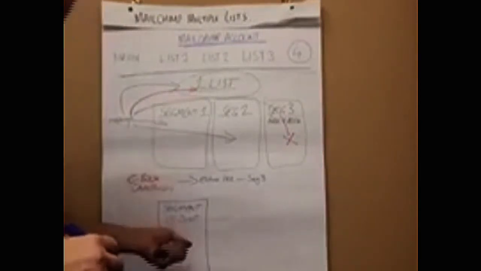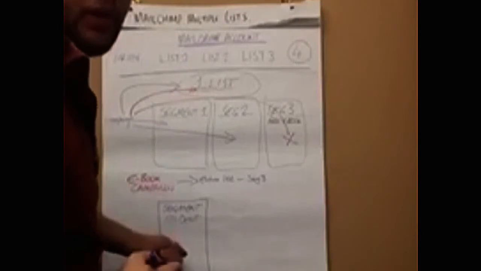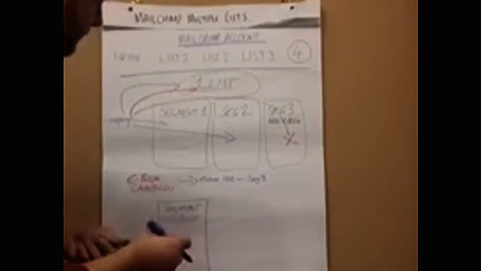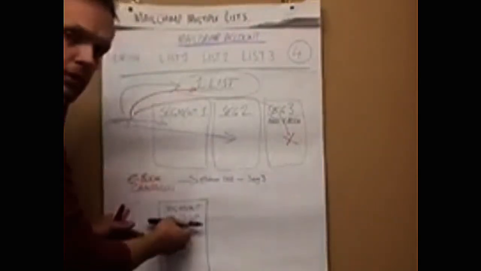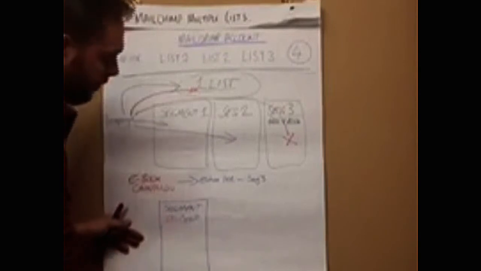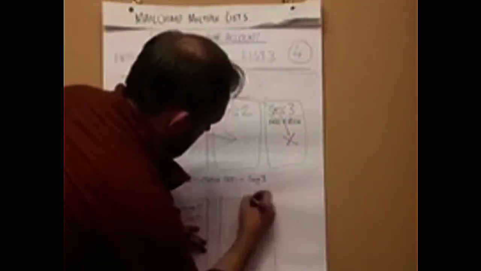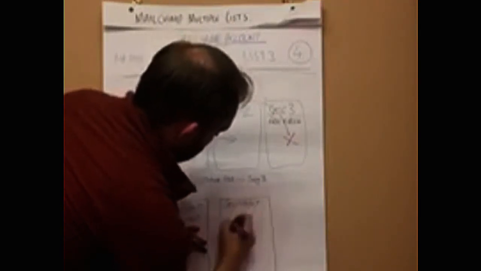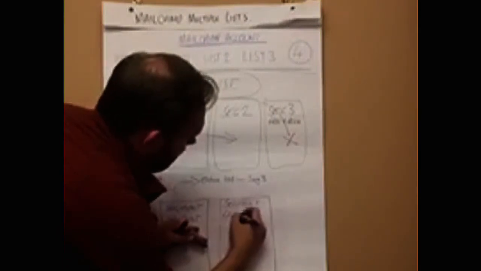And we've got that segment, and it's full of people in our list who are currently undergoing a course that we're offering. Now, when they get to the end of the course, you don't want them in this segment anymore because they're no longer a student. So we could have another segment known as ex-students.